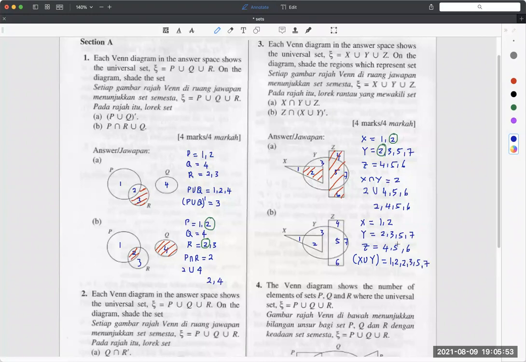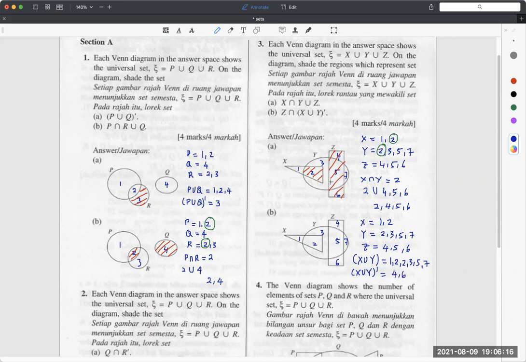Okay, all the labels there. But we don't want this, kan? We want other than that. So X union Y, other than these numbers ni, 1, 2, 3, 5, 7, will be 4 and 6.